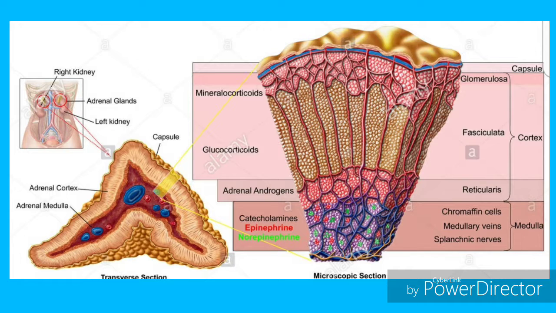The zona fasciculata secretes cortisol, which regulates the carbohydrate levels within the body, and the zona reticularis secretes the sex hormones, which regulate the development of sexual characteristics. The medulla contains chromaffin cells, which secrete noradrenaline and adrenaline.